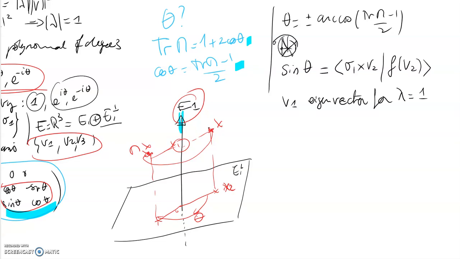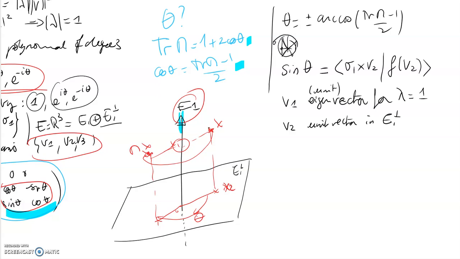V2 is a unit vector, which we have normed, in E1 orthogonal. So I need just one more vector in V1 orthogonal to make a basis.